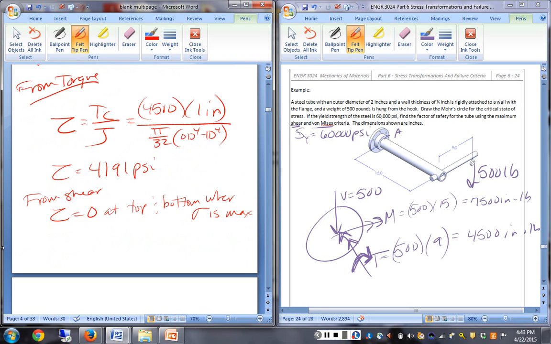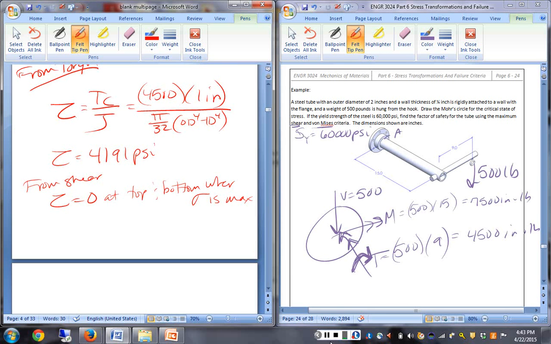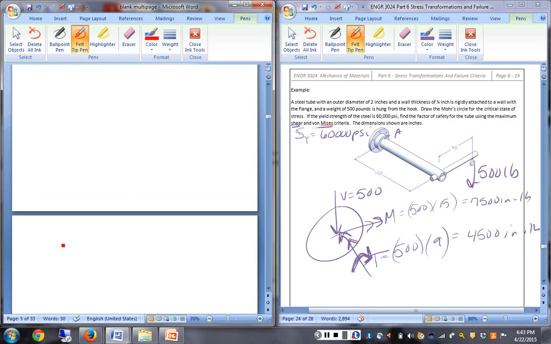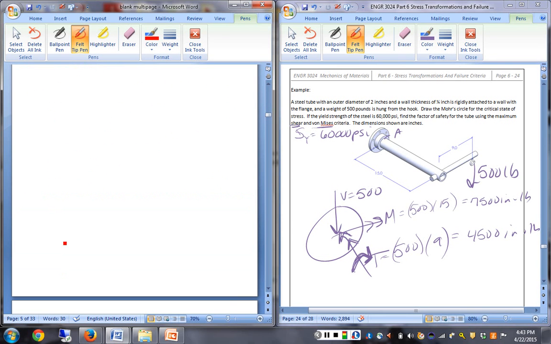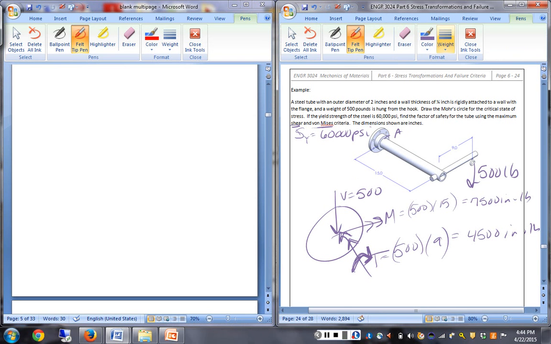All right. So now we need to know, what does the stress state look like? We know that we have 13,969, and it's tension at the top, compression at the bottom. So if I come over here and, let's go for red, I think about a little hunk of material right there at the top.